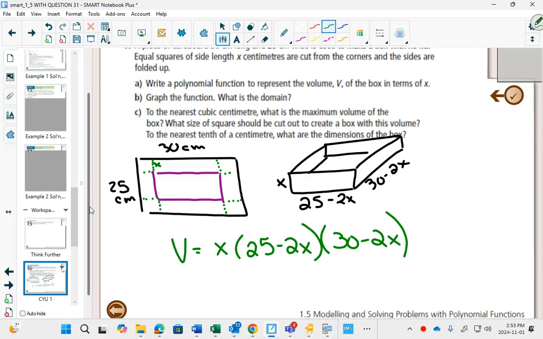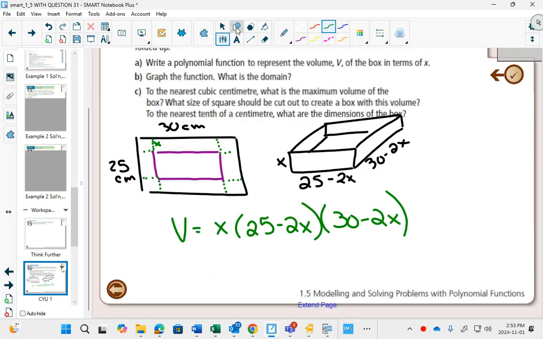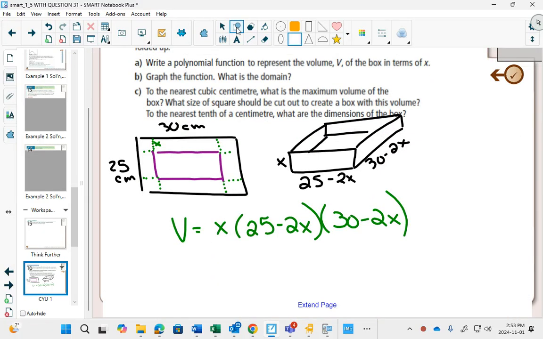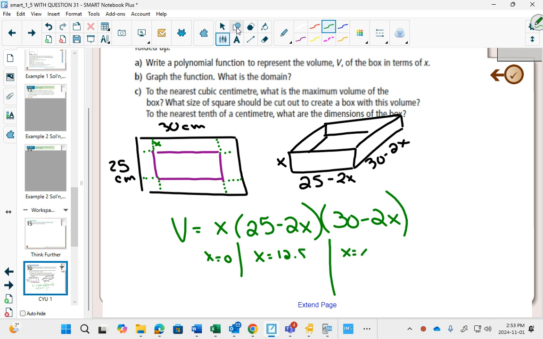In fact, you could find your x-intercepts really quickly and easily. x equals 0, x equals 12.5, and x equals 15. Your y-intercept, if you plugged in 0 for x, obviously you would get 0 for y as well.